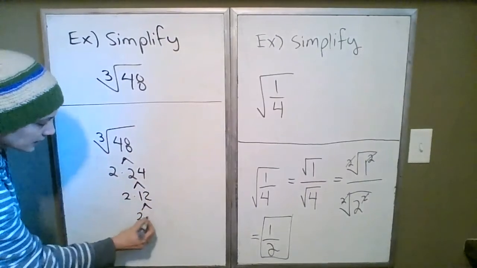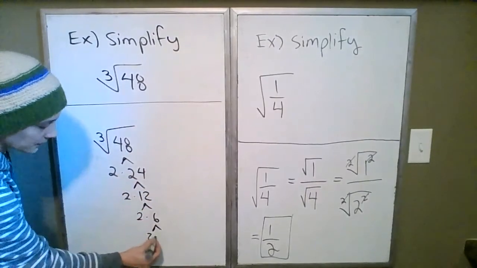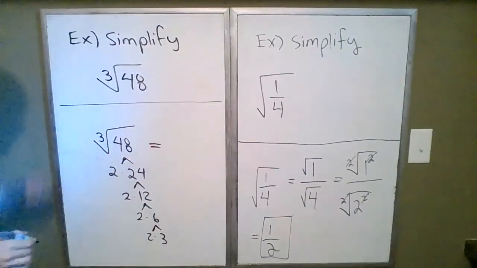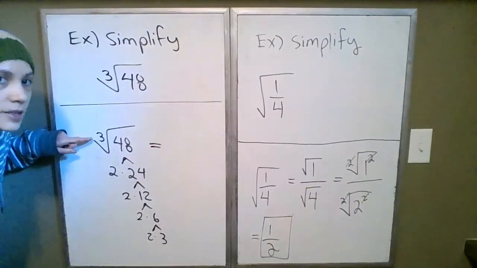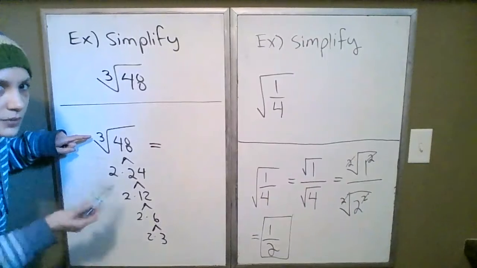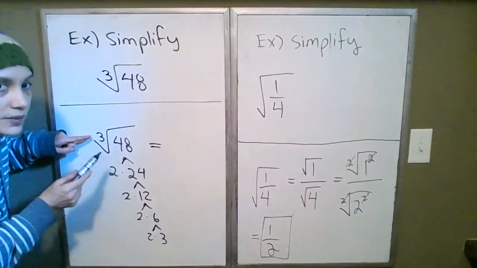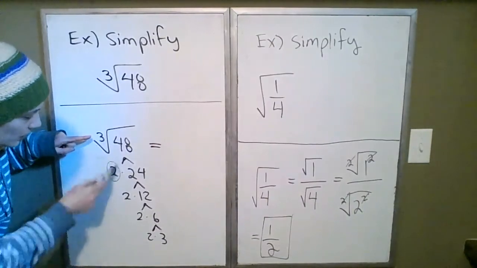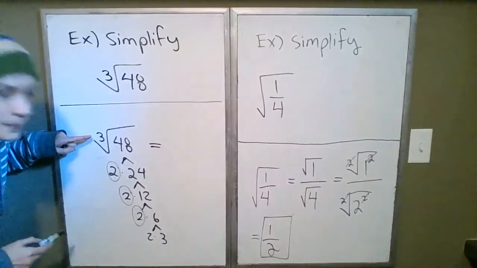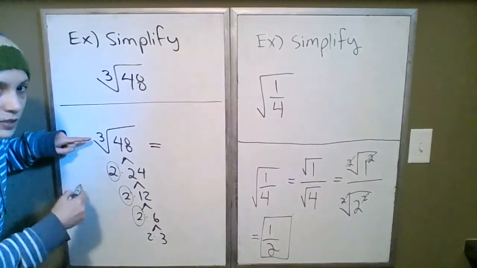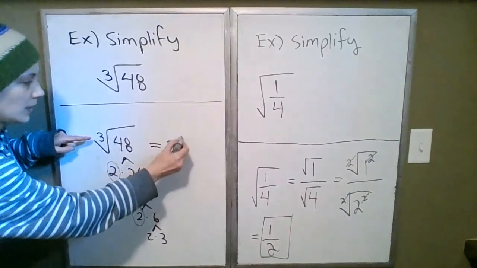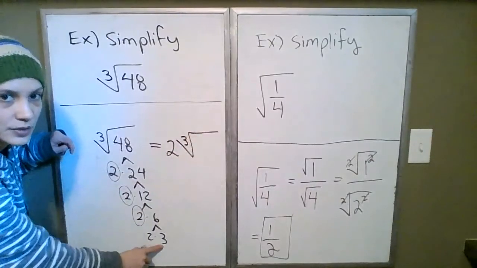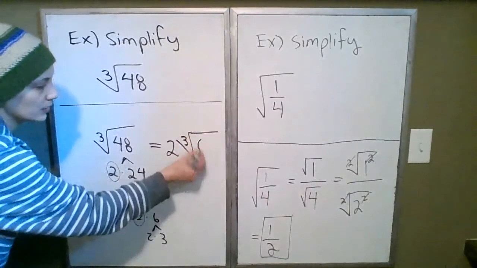It's 2 times 6, and 6 is 2 times 3. So the cube root, the way I usually talk through this with someone is to find 3 of the same factor. 1, 2, 3 2's. So I can bring out a 2. Underneath the cube root is this 2 times that 3. So we need that 6 to stay under the root.